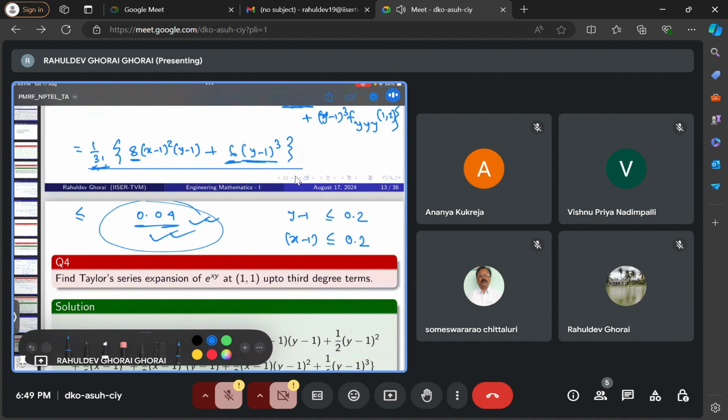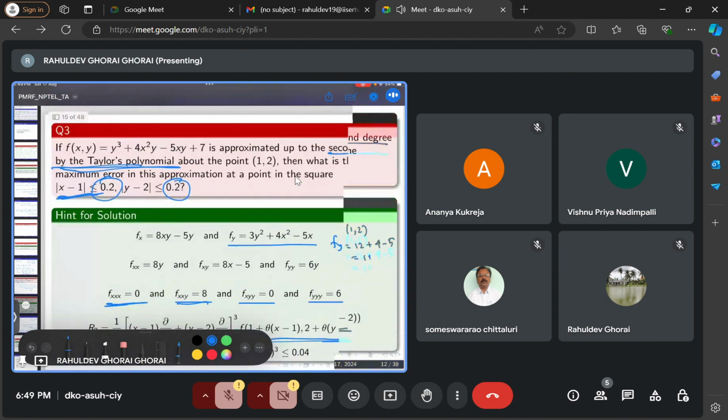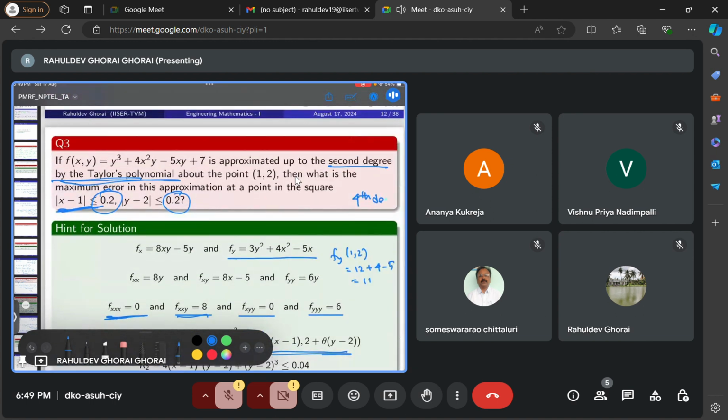So if you do this same question for the Taylor series expansion, Taylor polynomial of degree, let's say fourth degree, then we will get a smaller maximum error. So maximum error will be less than 0.04. So you can approximate in a better way. Okay, is it okay?